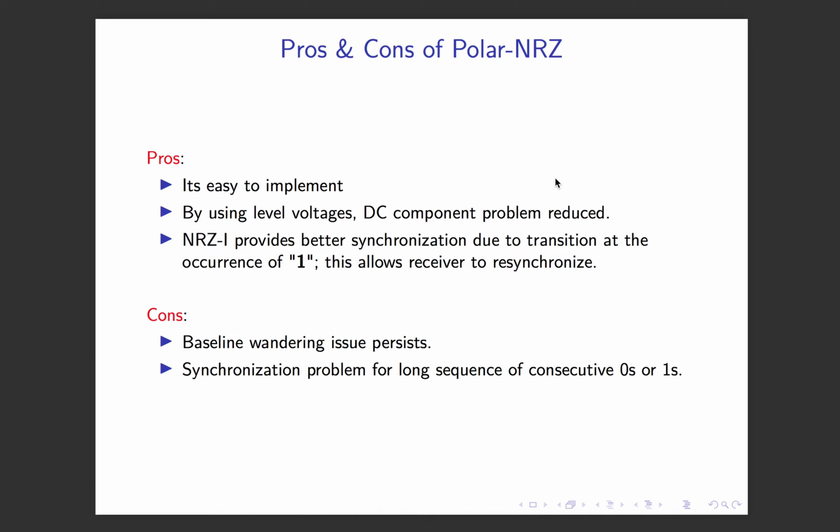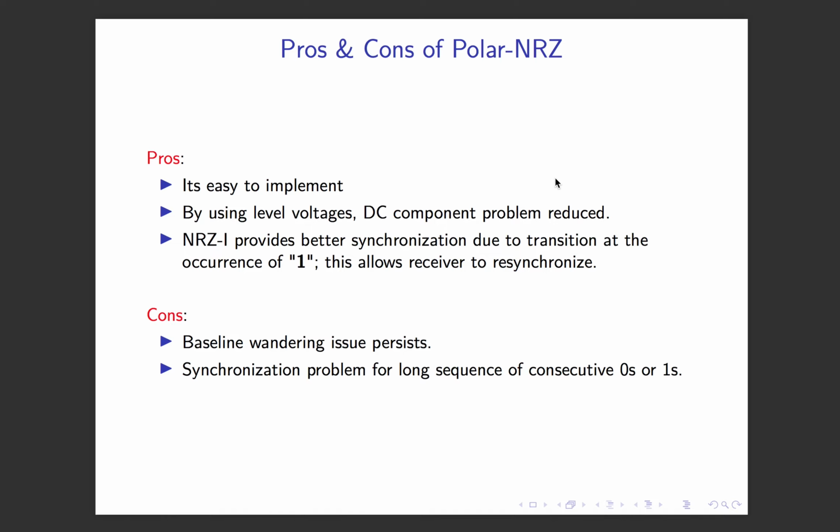If there is any noise, the level voltage might change, but the number of transitions will represent the number of ones. So at the receiver's end, the receiver can easily count the number of transitions. From there, the zeros and ones will be clear in the input data stream, and the receiver can regenerate the data again. And there are some drawbacks of the Polar-NRZ scheme.